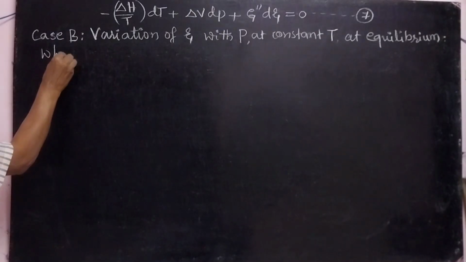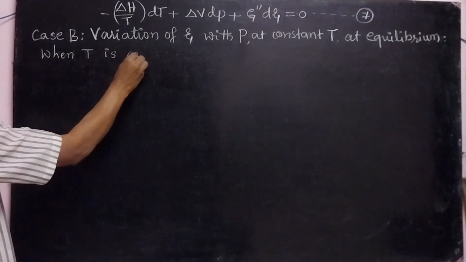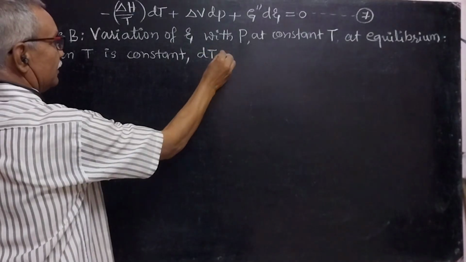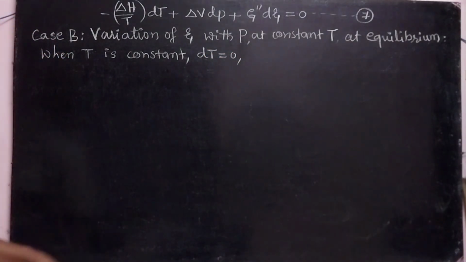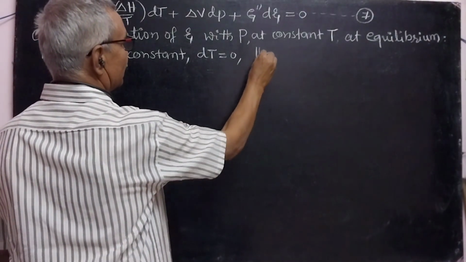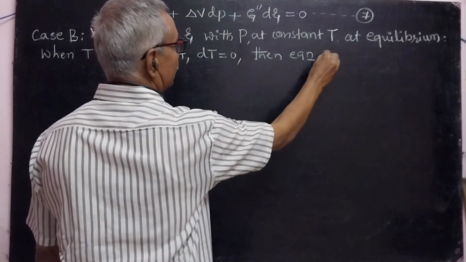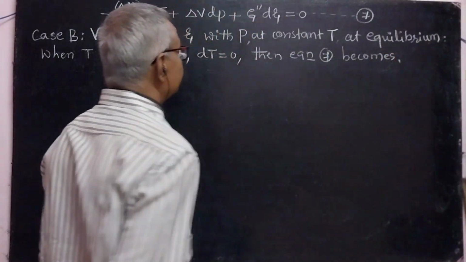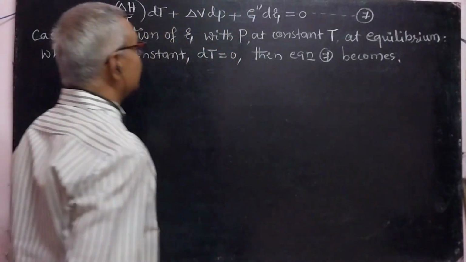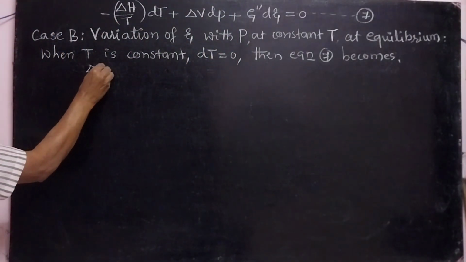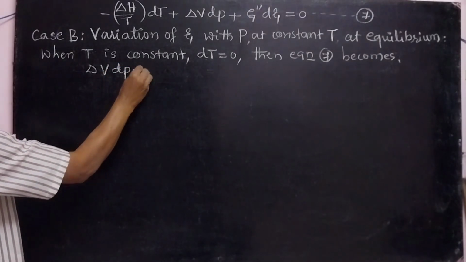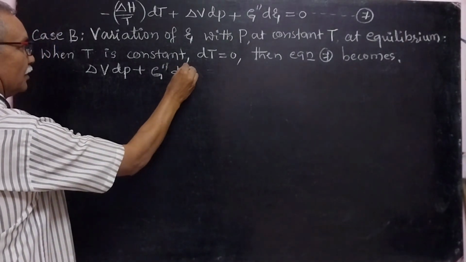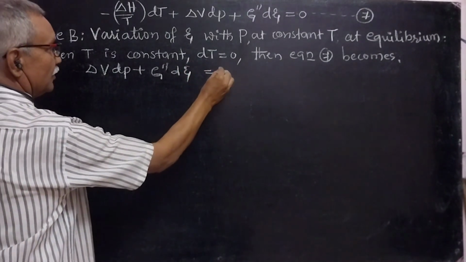When T is constant, dT is equal to 0. Then equation 7 becomes ΔV dP plus G double dash dξ equals 0.